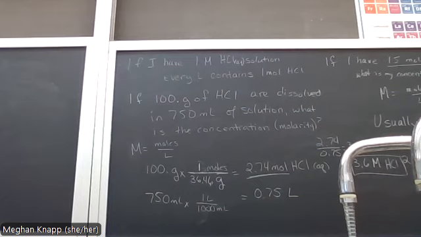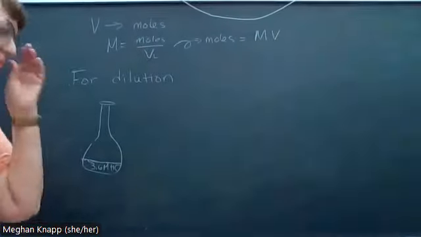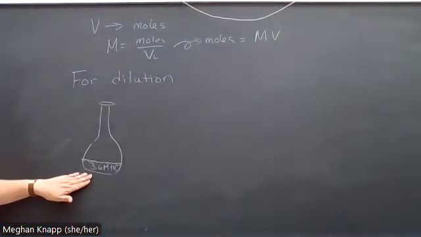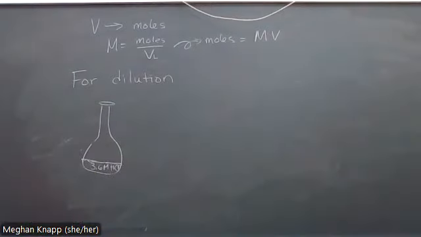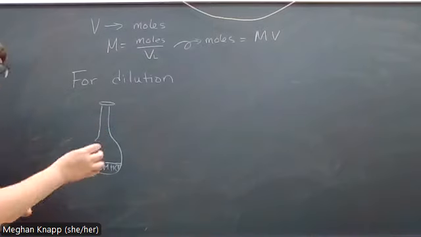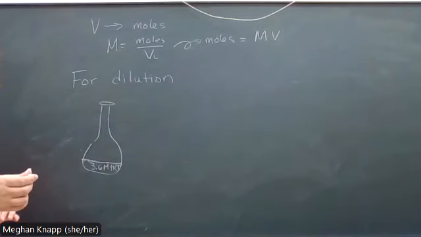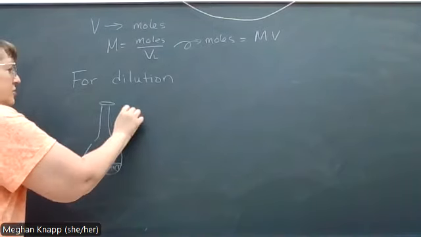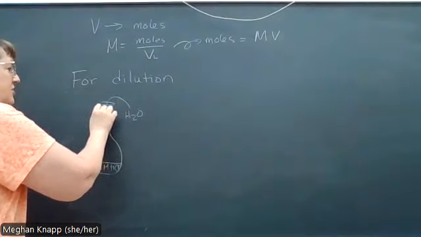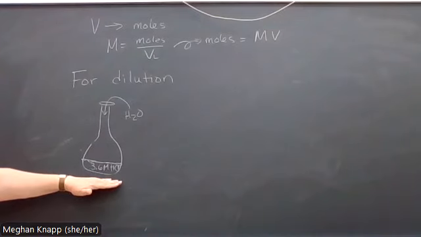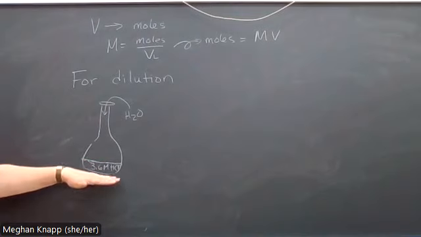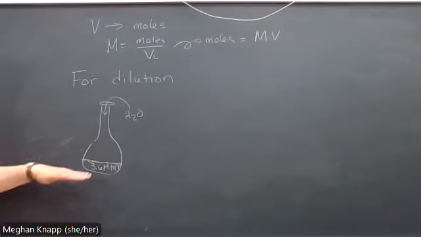So let's say this is going to be my 3.6 molar HCl, so I'll just label that. All right, so that's what's down here, the 3.6 molar HCl. And to dilute it, what am I going to add to it? Just water. So am I adding any more HCl? No. So the number of moles of HCl isn't going to change. It's going to stay the same. The concentrated will have the same as the dilute.